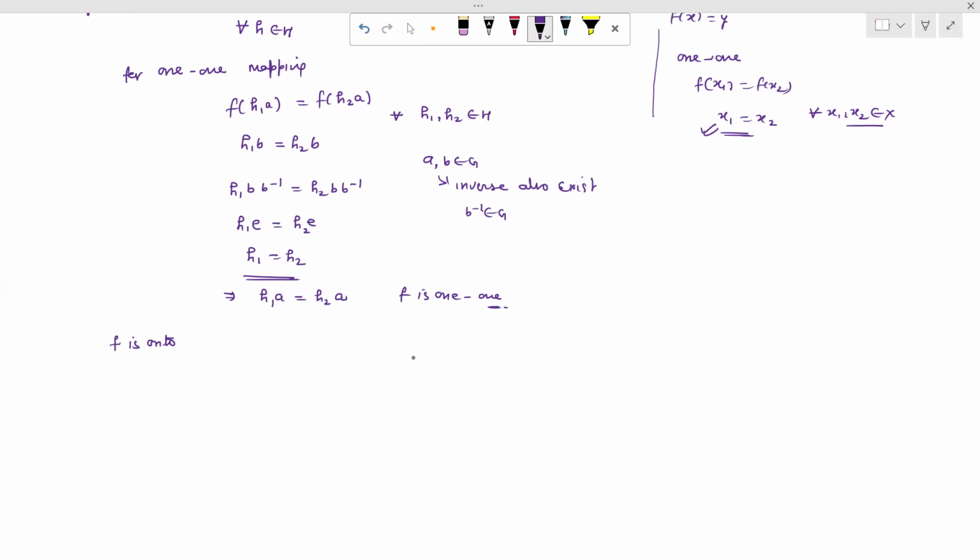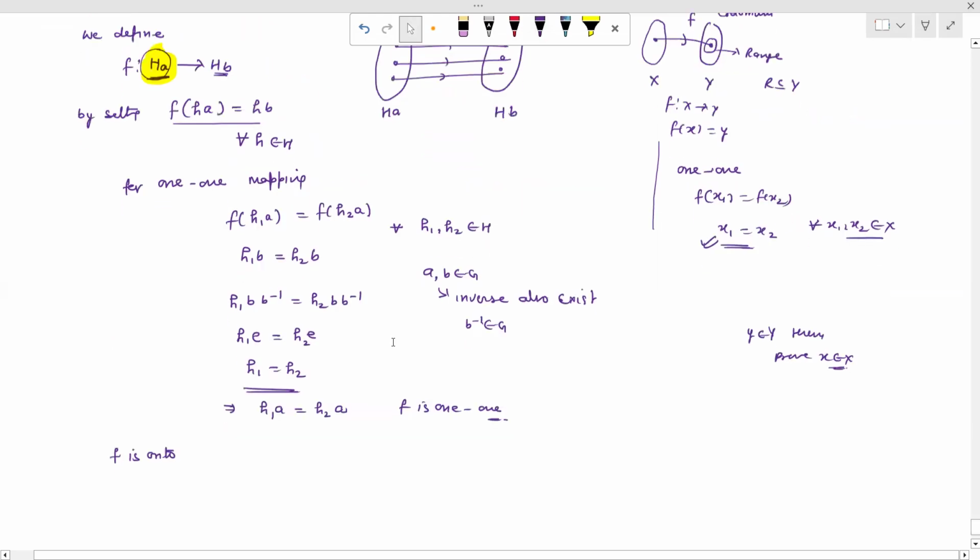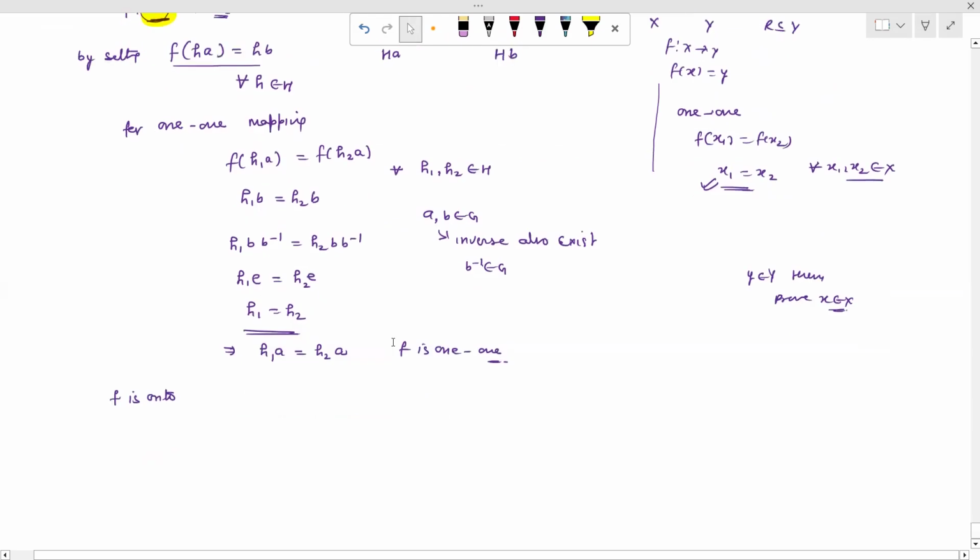So we consider y belongs to Y, then the pre-image of y is x belongs to X. So for onto, we consider hb. Okay, so here we defined already, this is hb. So we consider hb belongs to right coset of b.